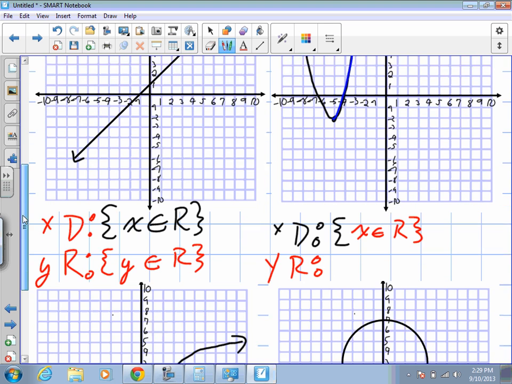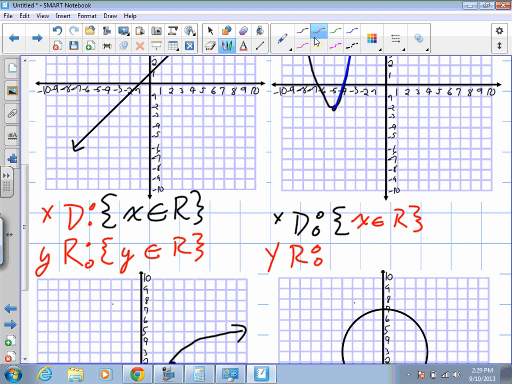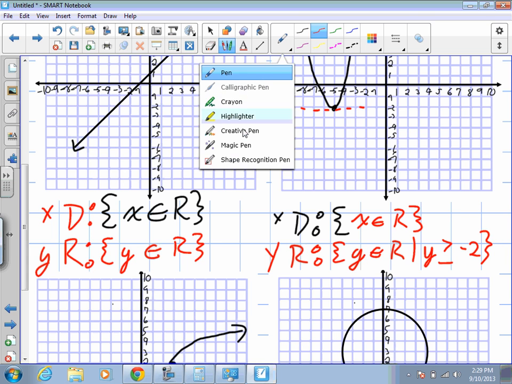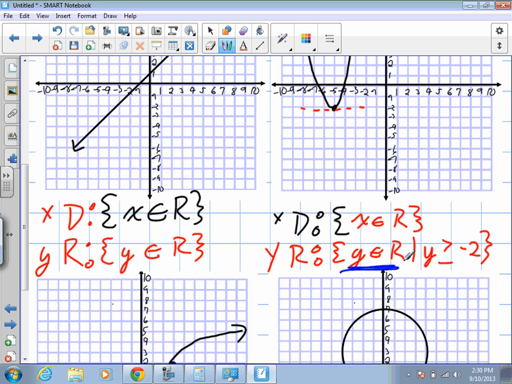So when we go to start it, we are going to say YER, but there's a restriction. And we draw a line here to represent the restriction. And we're going to say that y is every real number when y is greater than and equal to what value? -2. So that represents every possible number above and equal to -2. That's what that is saying.